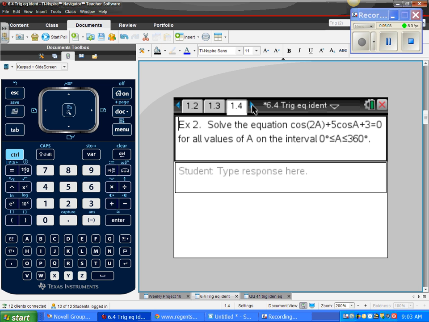Okay, all right, so let's look at the next one. Cosine 2a plus 5 cosine a plus 3 equals 0. We're on the interval from 0 to 360.